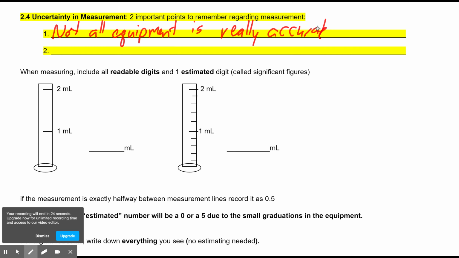Like we said, if you have a $20 scale versus a $1,000 scale, you better hope that you're getting more bang for your buck out of that $1,000 scale. And the last one, not all measurements need to be accurate and precise.